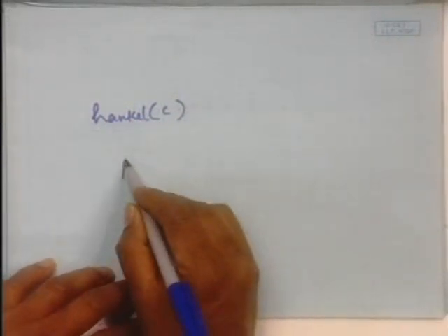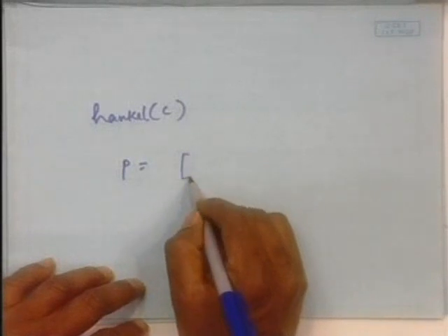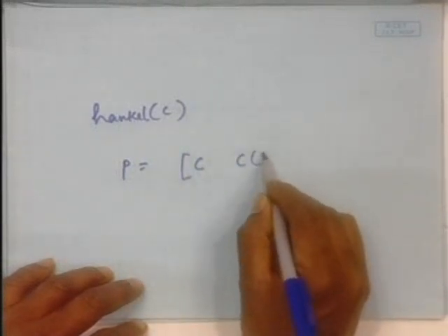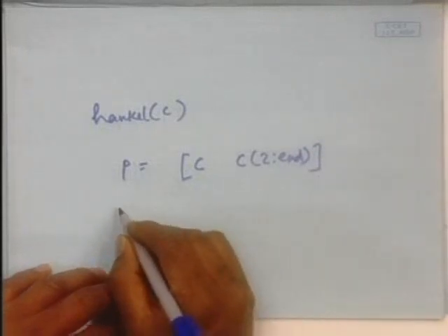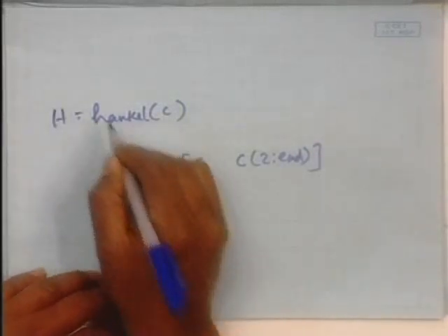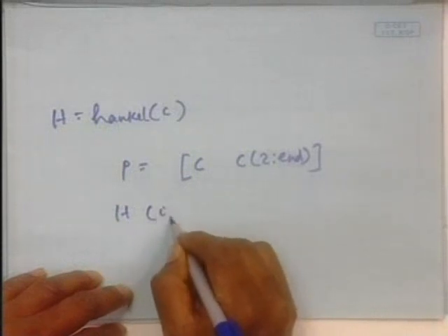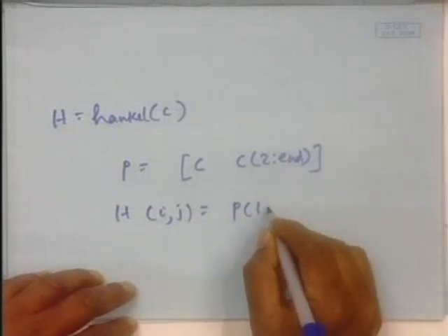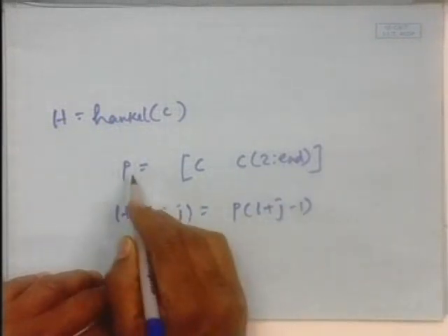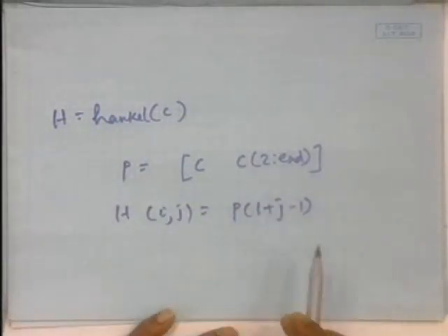So, you have to first construct the P, which is C, then C(2:end), then this is H, let us say, then the ijth entry of that particular H matrix will be P(i+j-1). So, this is the way you construct the Hankel matrix.